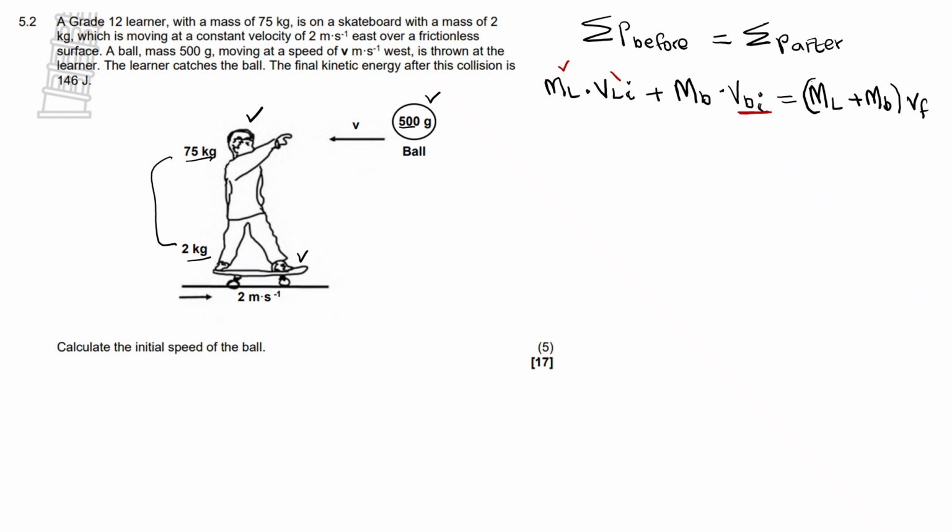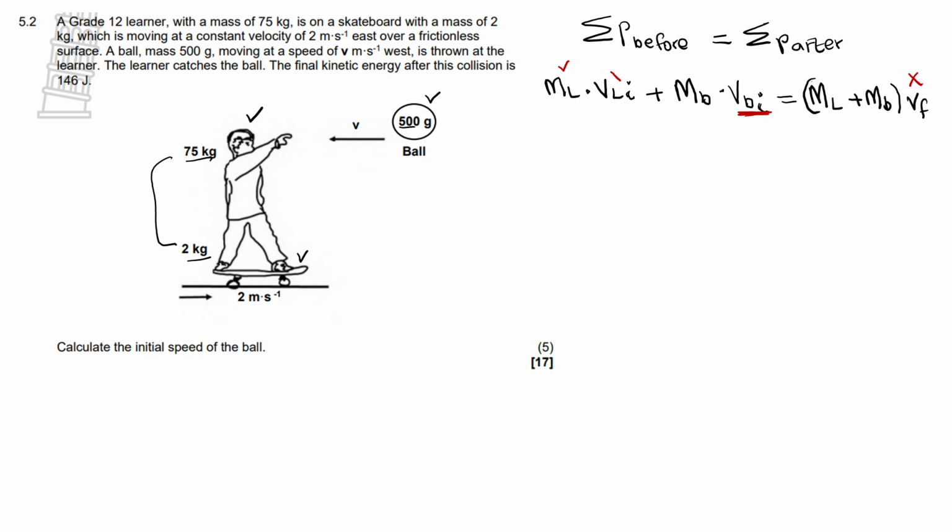The initial velocity of the learner was given. So now the only thing that we are looking for, they want us to find the initial velocity of the ball. Do we have the final velocity of this? No, we don't have the final velocity.